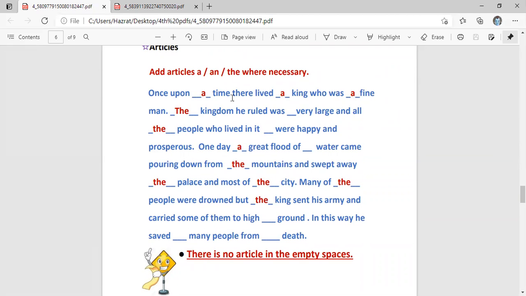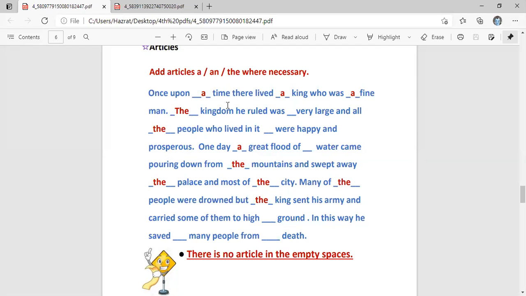Okay, this is the story with the articles filled in. Once upon a time, a king lived, who was a fine man, and the kingdom he ruled was very large, and the people who lived in it were happy and prosperous. One day, a great flood of water came pouring down from the mountains and swept away the palace and most of the city.